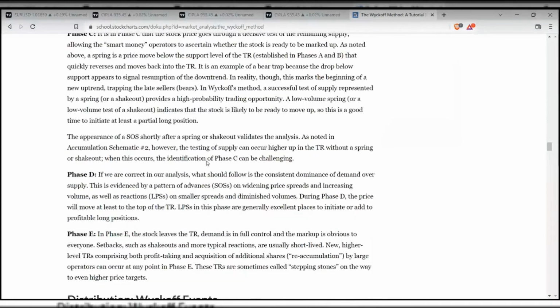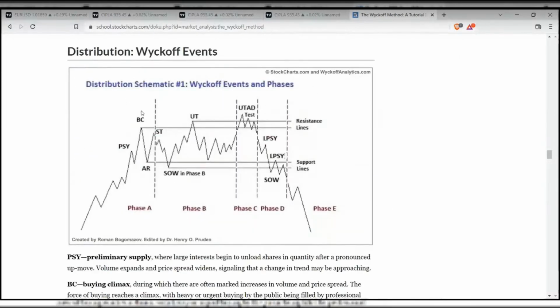Buying climax instead of selling climax, because we are in a supply zone. Price reaches a preliminary supply and then it's hitting into our buying climax and then that automatic rally again. Then ST, sign of weakness in phase B, same thing that we have seen, STB and all that. So this is called upthrust.